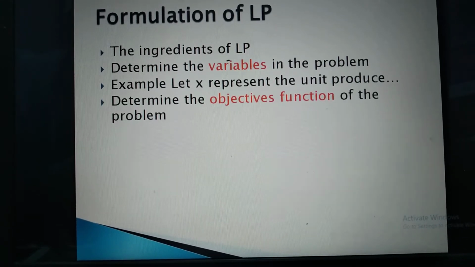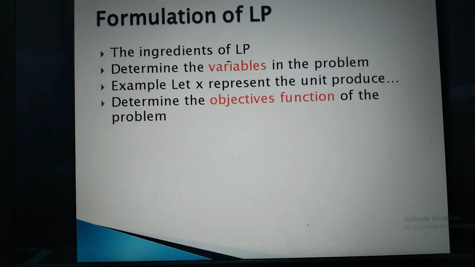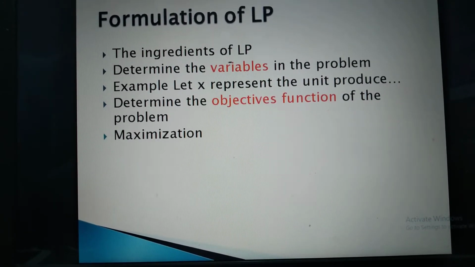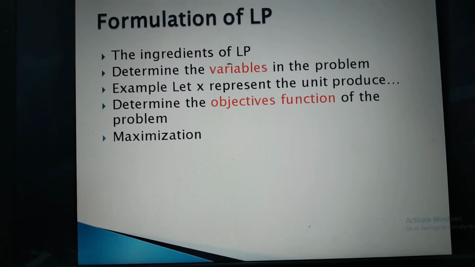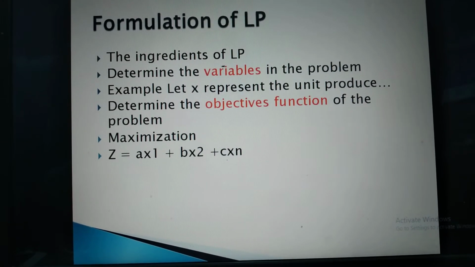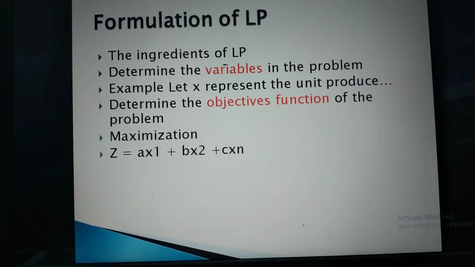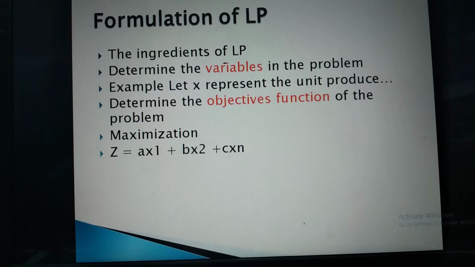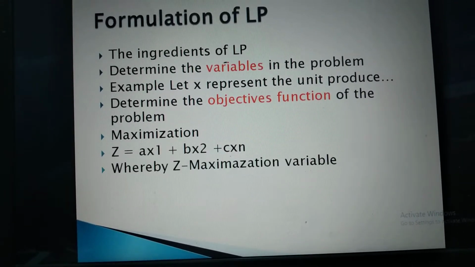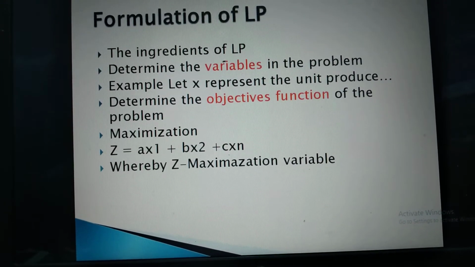Number two, determine the objective function of the problem. Now, in the objective function of the problem, it's either maximization or minimization. In maximization, the equation will be Z equals AX1 plus BX2 plus CXn, whereby Z means the maximization variable.